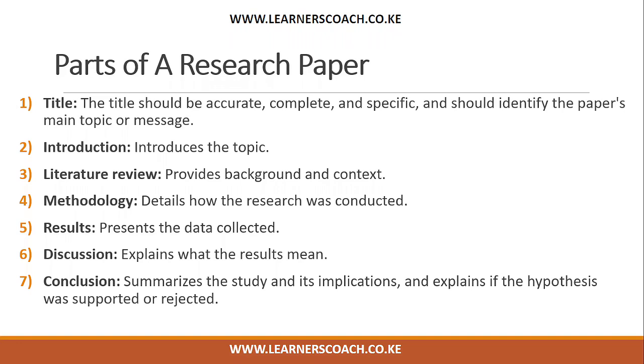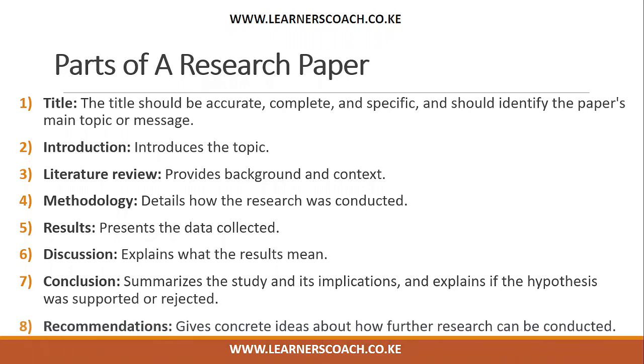So ideally, we are going to borrow a lot from the proposal that we have to give recommendation. So it gives concrete ideas about how further research can be conducted. So these 8 elements or these 8 parts of a research paper is going to guide us on how we are going to use AI to come up with a research paper.